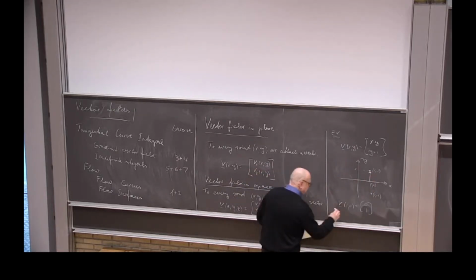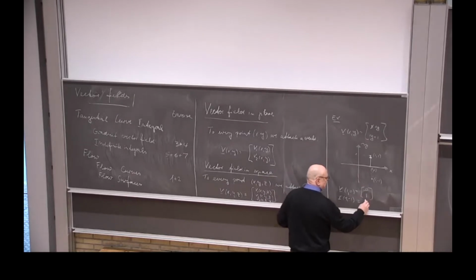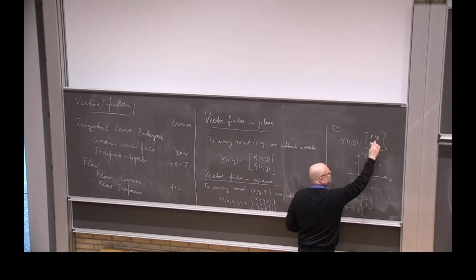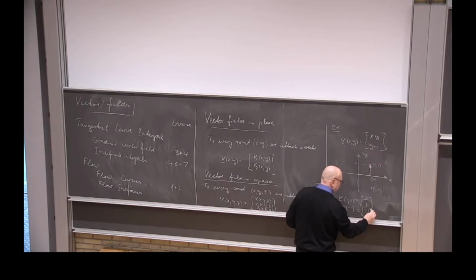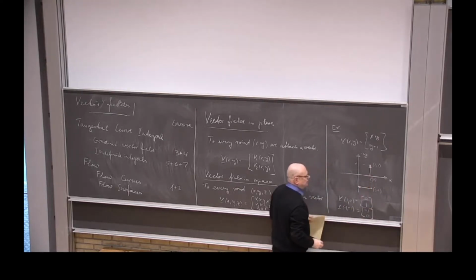Now if we take 1, minus 1, that is this point here, you get 1 times minus 1, that is minus 1, and then you get minus 1 plus 1, that is 0. So in this point here, you have this vector.